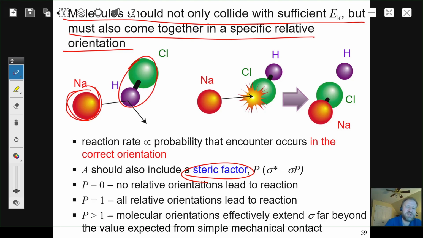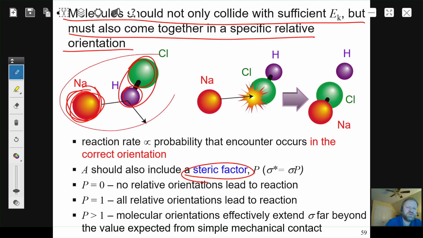Or you can say, okay, a diatomic molecule that is made from a green sphere and a purple sphere is supposed to collide with a molecule represented by a red sphere in such a way that the green sphere is then detached from the purple sphere and attached to the red sphere. Okay.